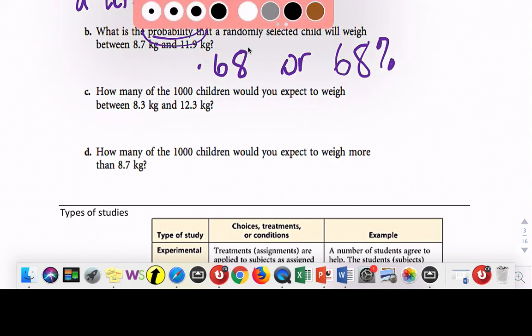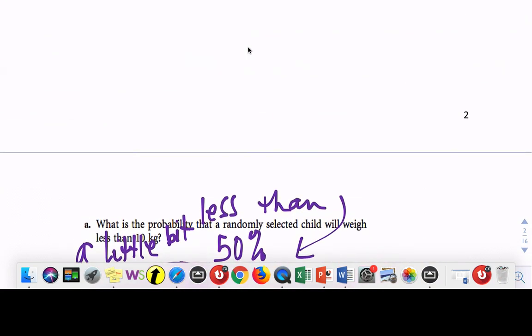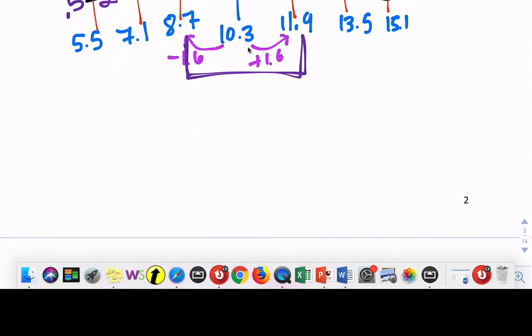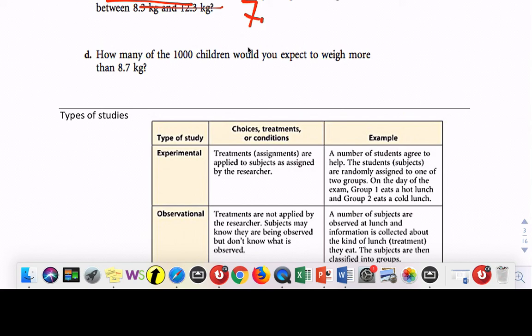So if it's how many of the 1,000 children would you expect to weigh between, and let's change these numbers, they were typos, I forgot to change them. So I'm just going to pick one. How about between 7.1 and 8.7? Let's do that. So how many weigh between 7.1 and 8.7 kilograms?